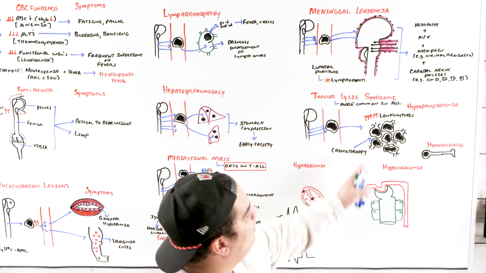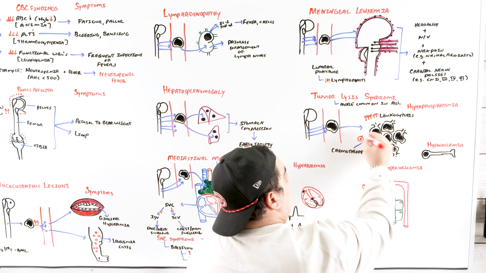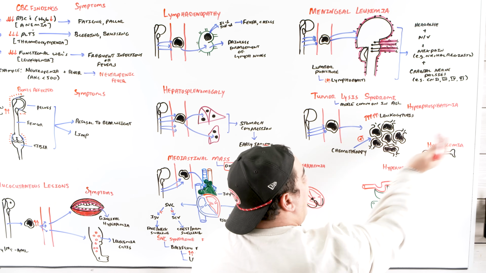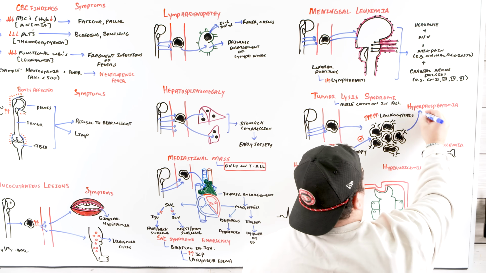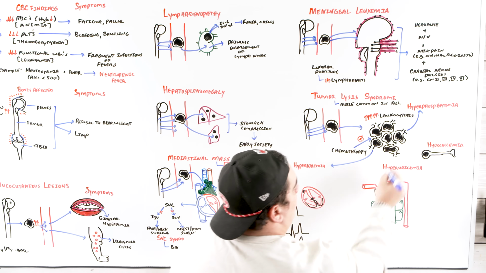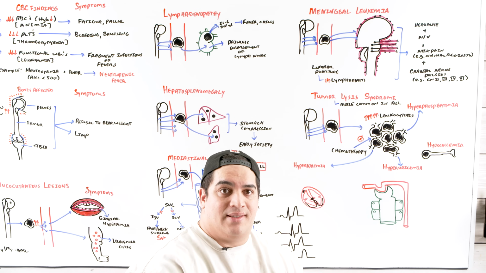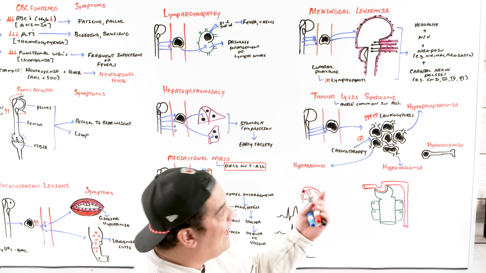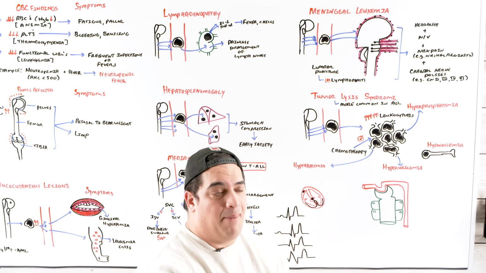So that's what I want to do, I want to stimulate these cells to die. But when I do that, they pop open and release all their super important contents, like phosphate, like potassium, like uric acid. And we see the presentation of tumor lysis syndrome. That's why when a patient has ALL and we start chemotherapy, we need to monitor for this and prevent this from happening.